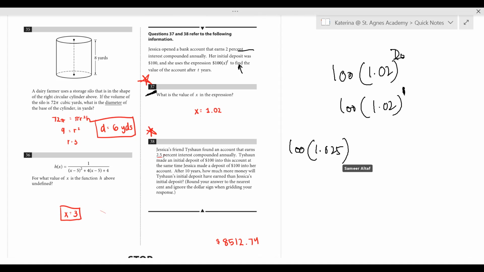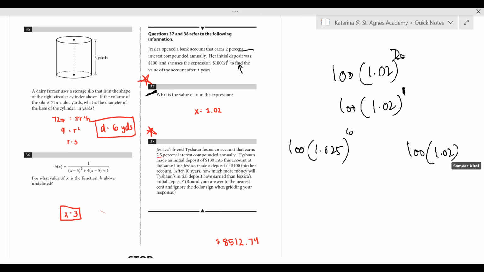1.025. Tasha made an initial deposit of $100 in this account, and the same Jessica made $100 into her account. After 10 years, how much more money will Tasha's initial deposit have earned than Jessica's initial deposit? So it's 100 times 1.025 raised to the power 10, and 100 times, what's the percentage for Jessica? Okay, Tasha is having 2.5%, and Jessica is having 2%.